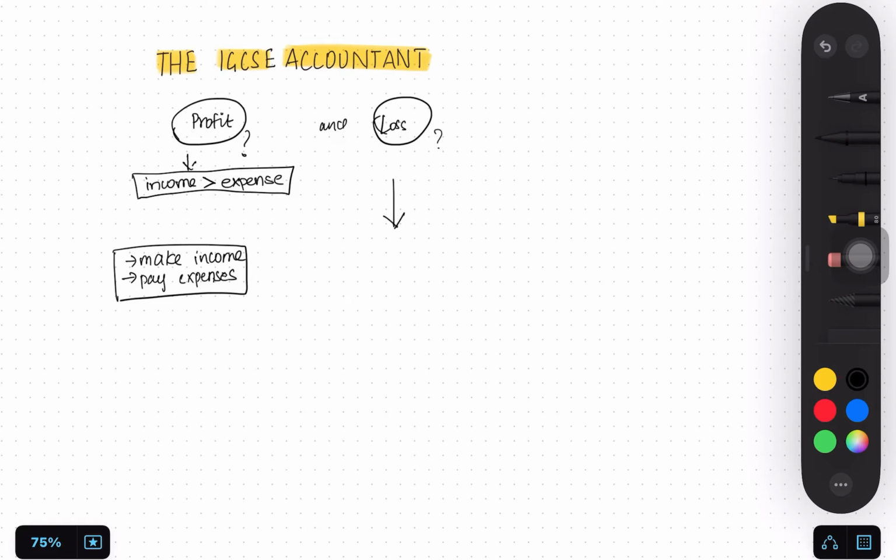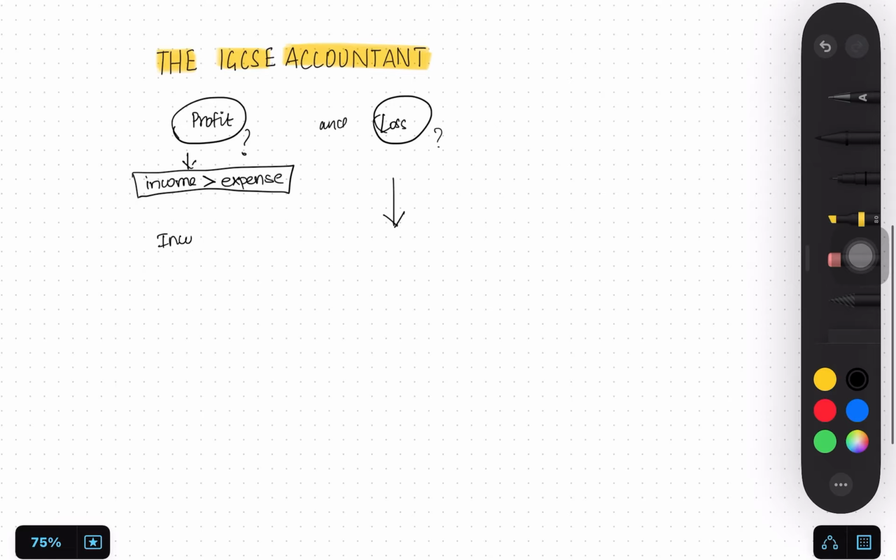For example, I make an income of $5,000. Just note that all the currency that we have in accounting is always dollars.